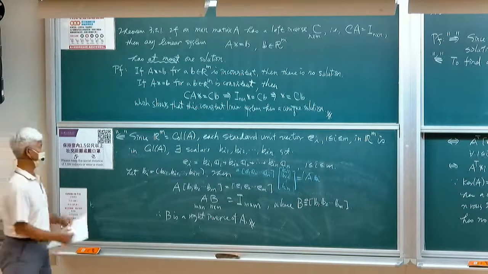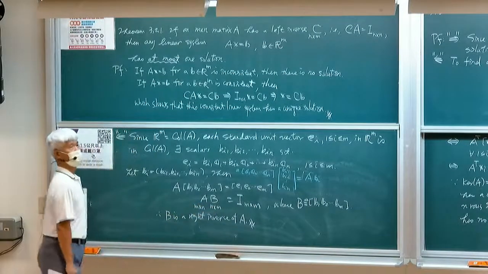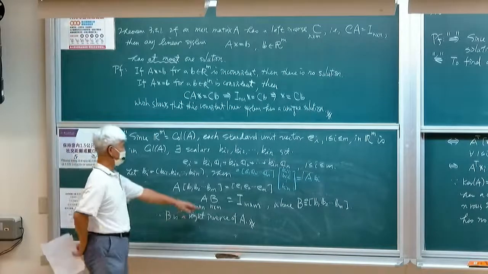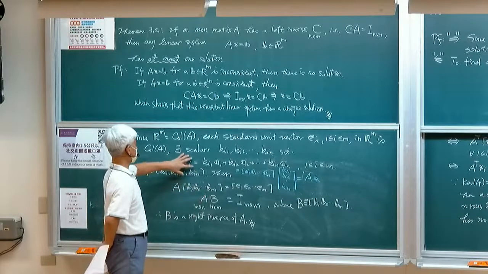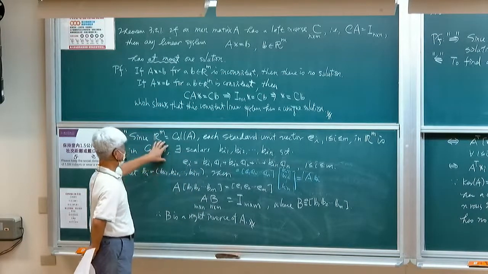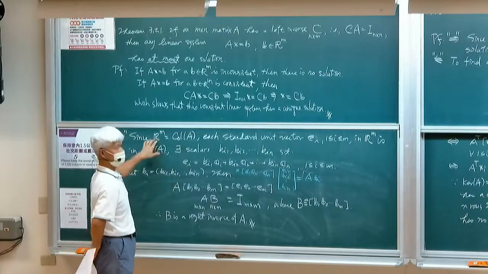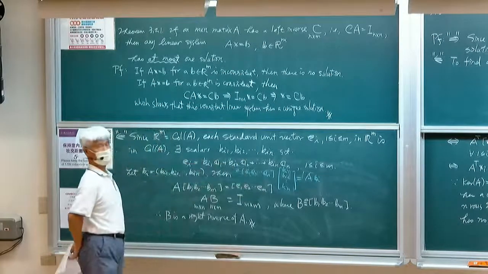All the entries of B come from the information that the column space of A is equal to Rm, which gives us this linear combination.